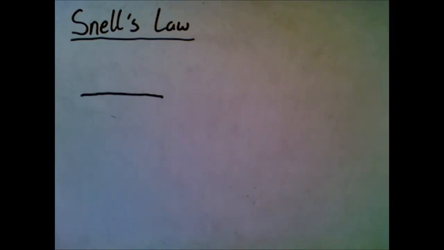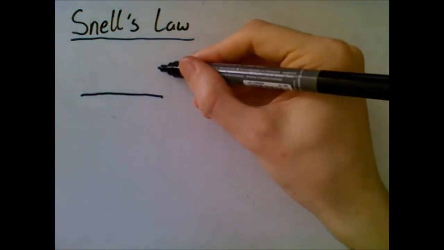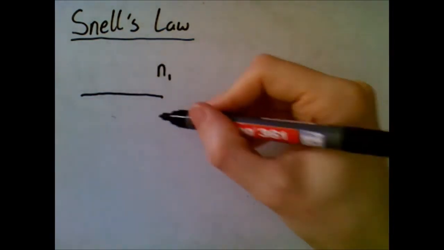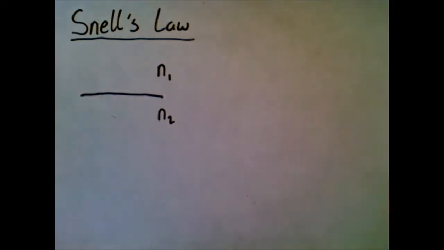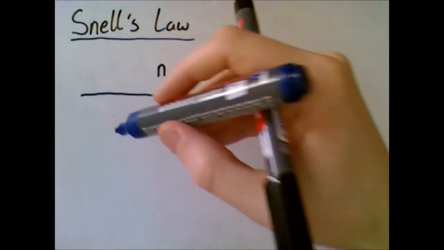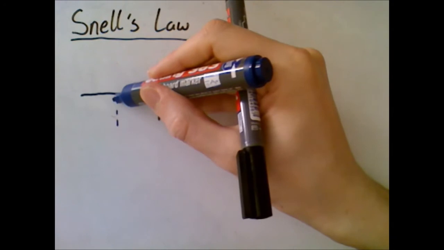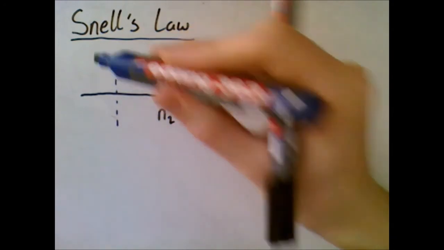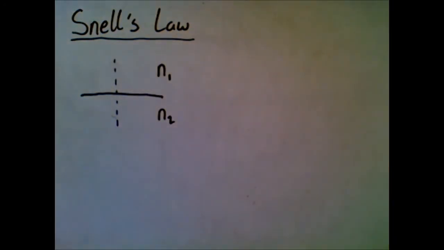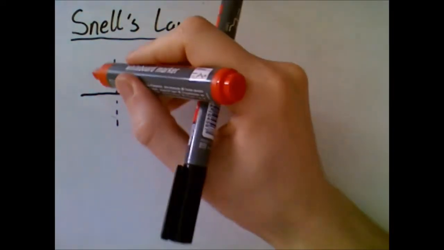Imagine I've got a boundary between two materials. It doesn't matter what they are, but the top one has a refractive index n1 and the bottom material has a refractive index n2. I'm going to put a normal line on there, and say I've got a ray of light hitting that boundary, and refraction of some kind is occurring.